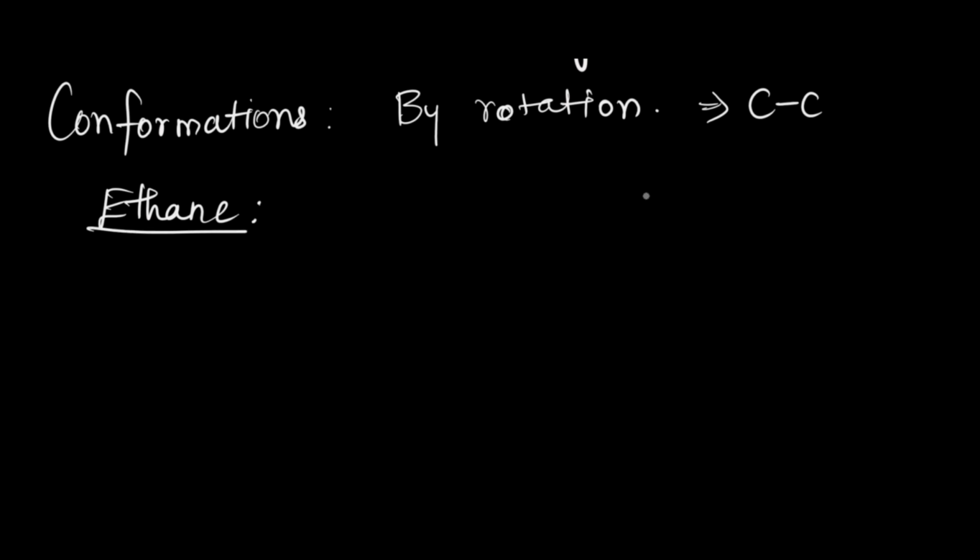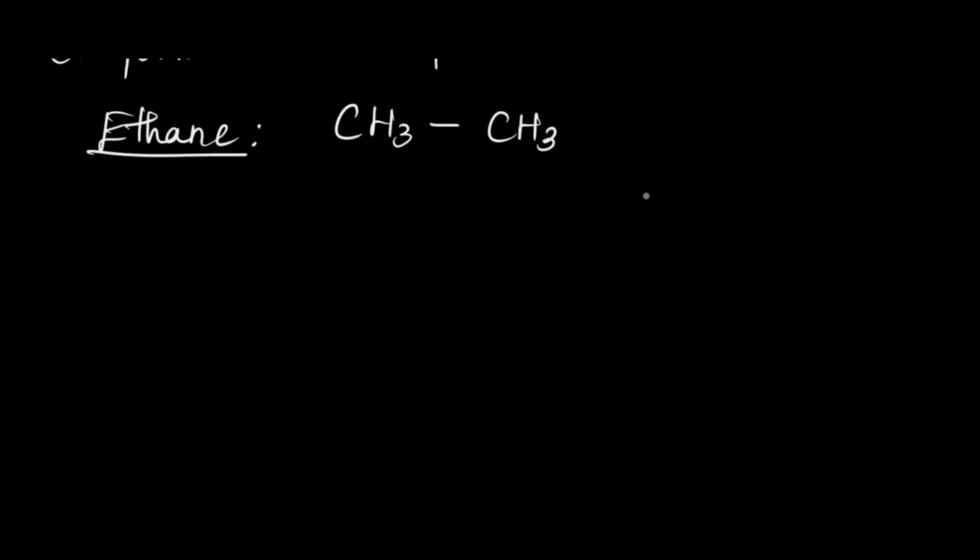Take an example of ethane. So ethane, the formula is CH3CH3. Carbon with 3 hydrogens. Once again a carbon with 3 hydrogens. Okay. So how can I write it in case of Newman projection? This is one carbon and the dot is another one.